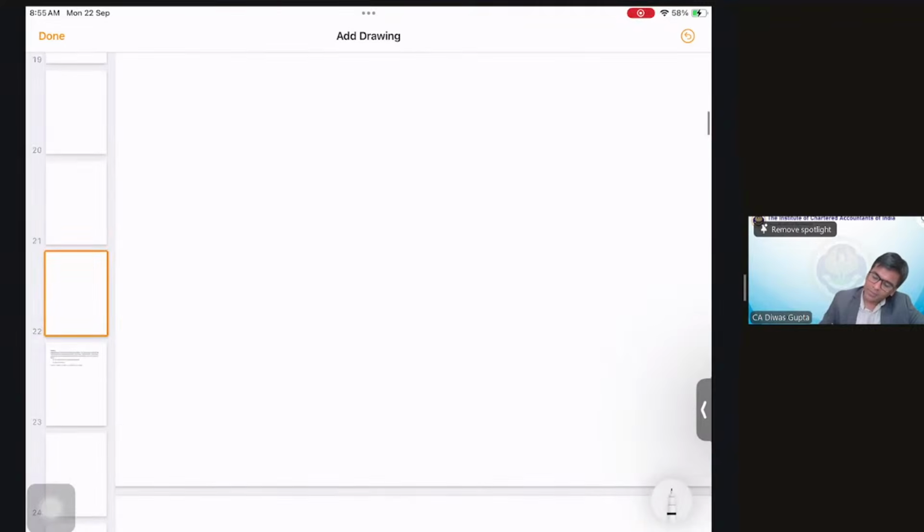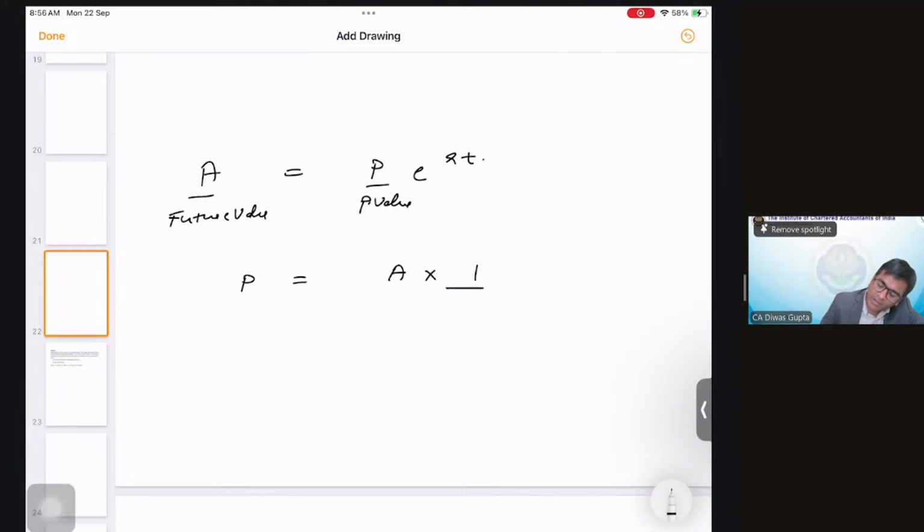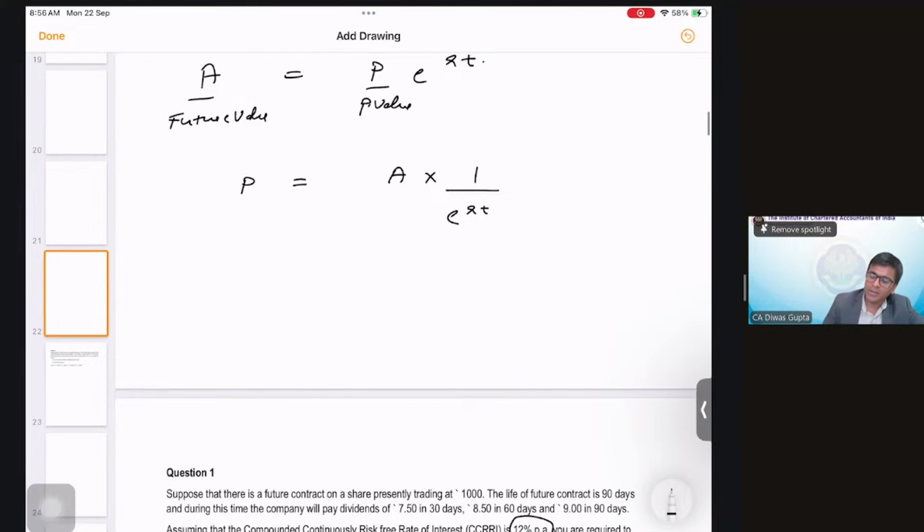If A is equal to P e raised to the power RT, this was our usual formula, okay? A was the future value and P was the present value. Now in this, if I have the future value and I have to arrive at the present value, what I will do is reverse it.